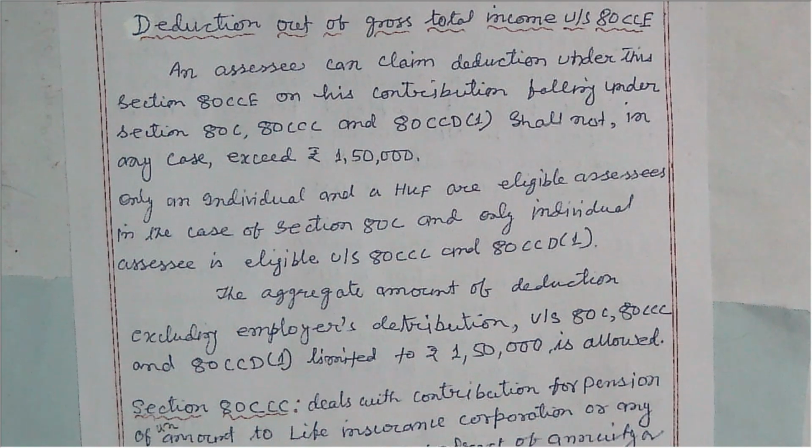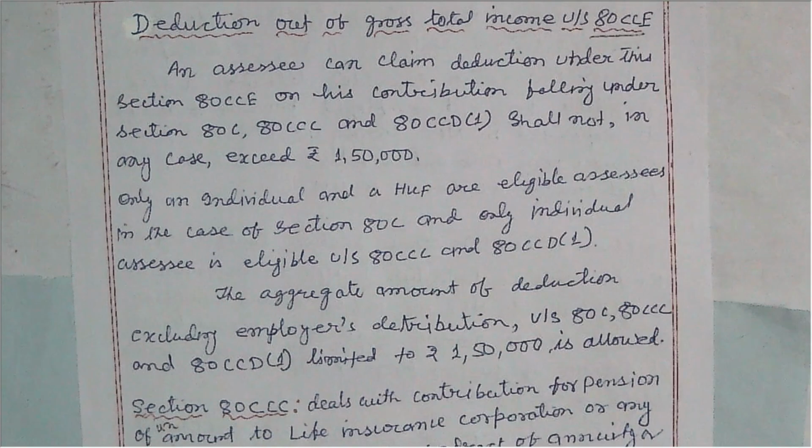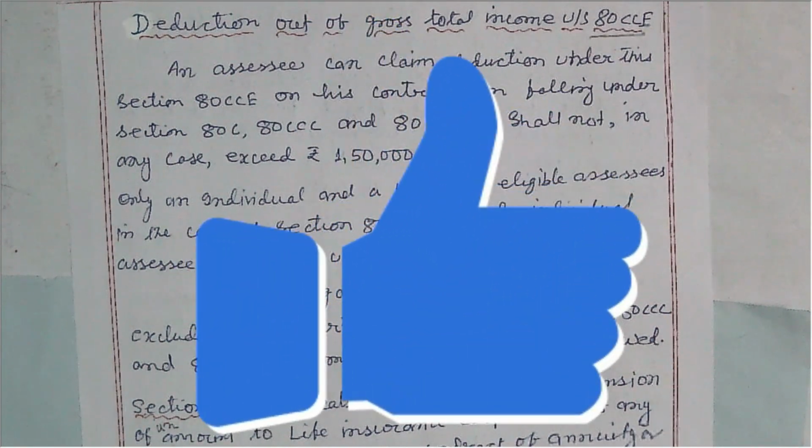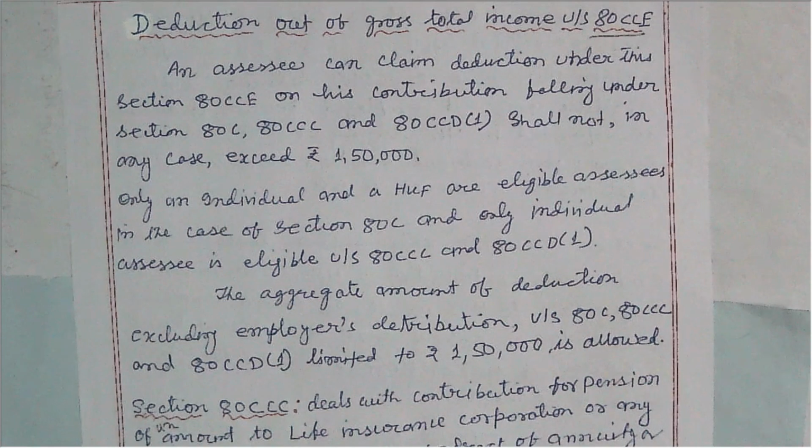So today I am presenting on the topic deductions out of gross total income under section 80CCE. Deduction out of gross total income under section 80CCE is available to an assessee from the gross total income.